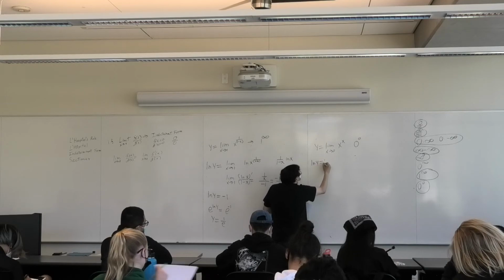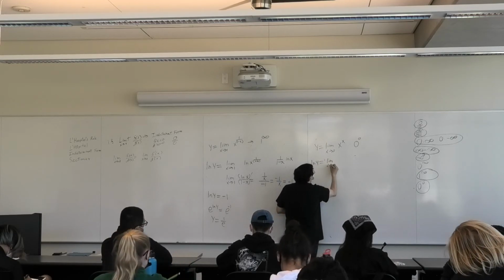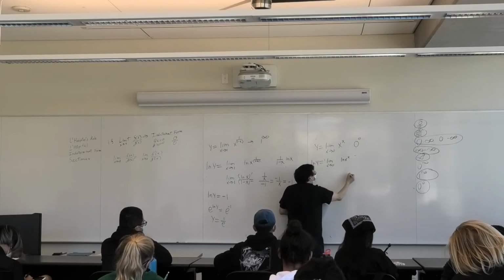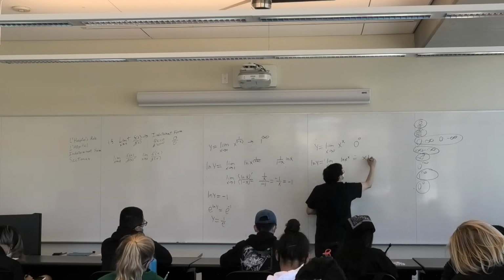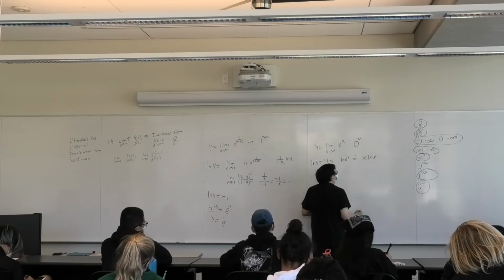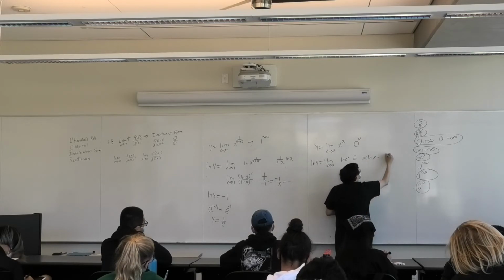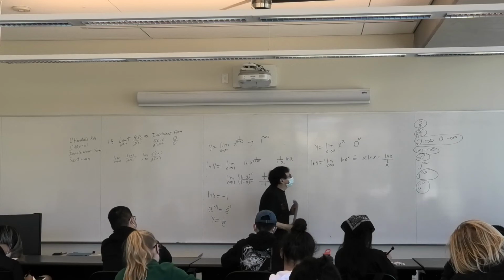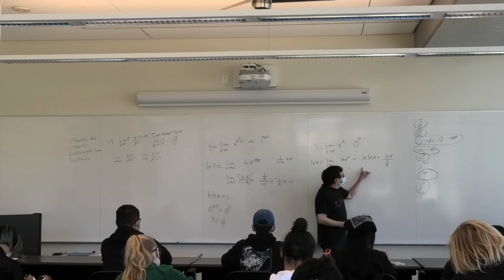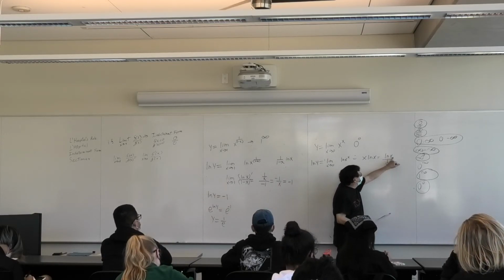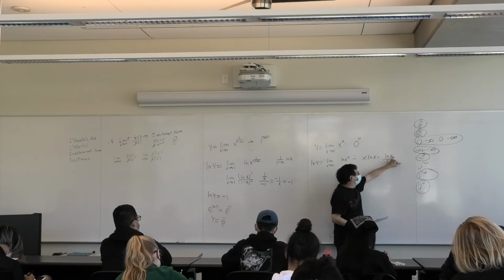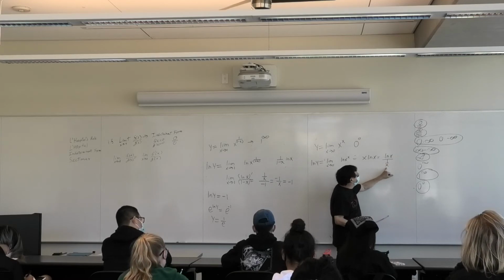Log of y equals the limit as x approaches 0 of the log of x to the x. It's just going to be x log of x. Or, no doubt, we're going to write it as log of x over 1 over x. And again, log of x goes to negative infinity as we get close to 0, and 1 over x is going to infinity.